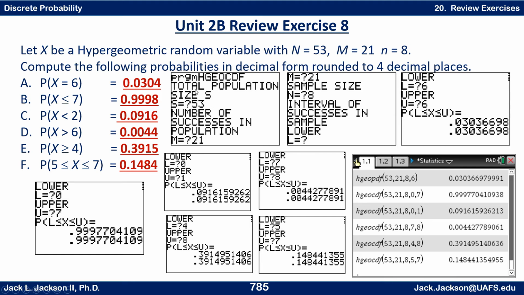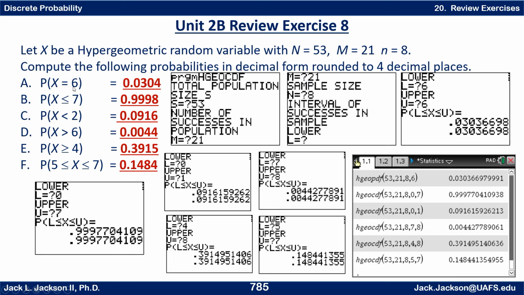So anyway, it tells you what here. Total population, that's 53. The number of successes in the population was 21. The sample size is little n, which is 8. And the interval of successes, we go from lower to upper.